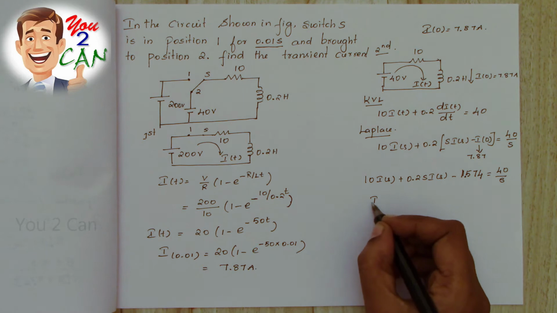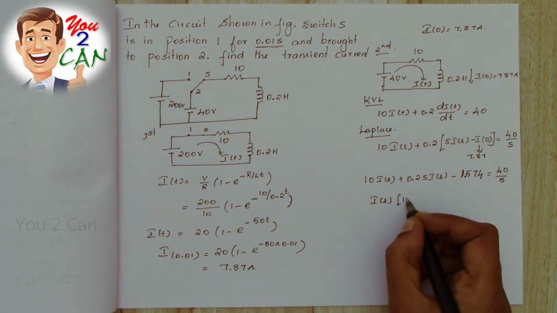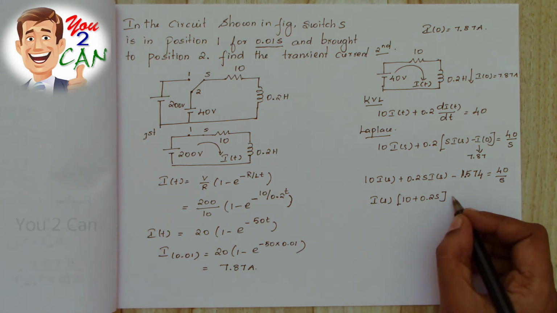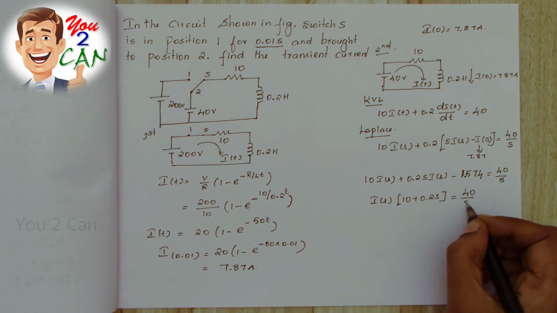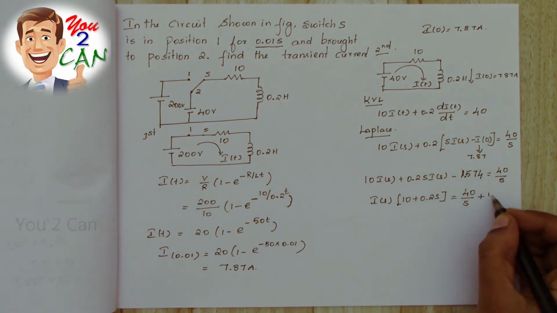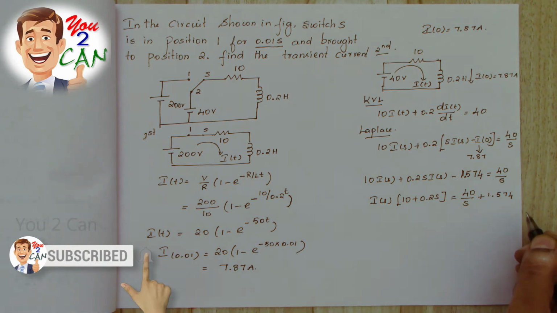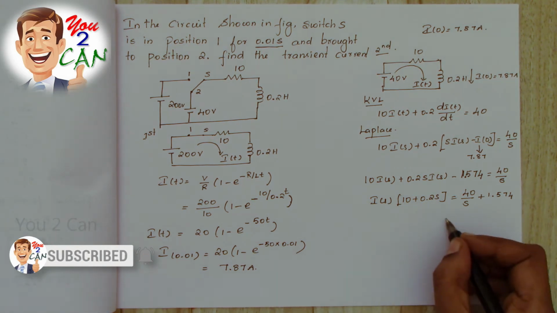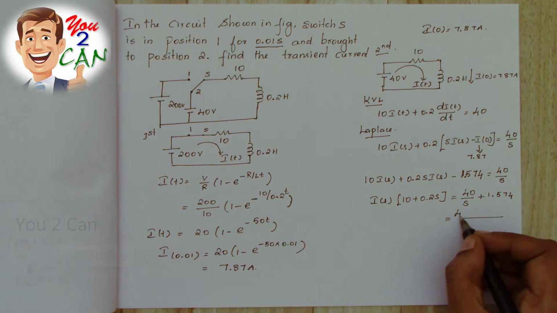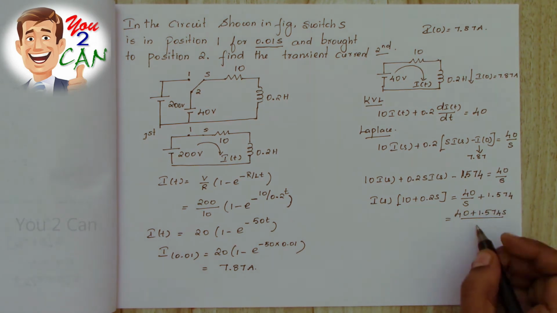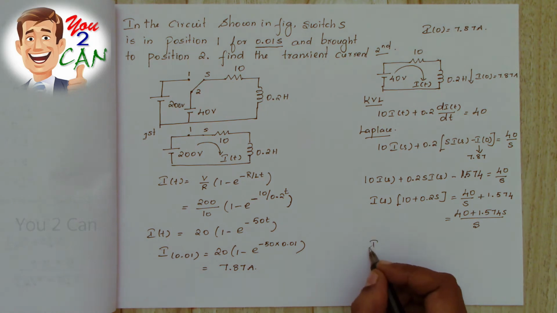Now take I of s common outside. It is 10 plus 0.2 s, which equals 40 by s plus 1.574. Taking the LCM, we get 40 plus 1.574 s divided by s. Now what is I of s?